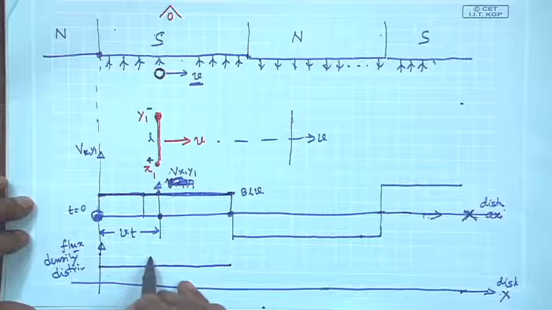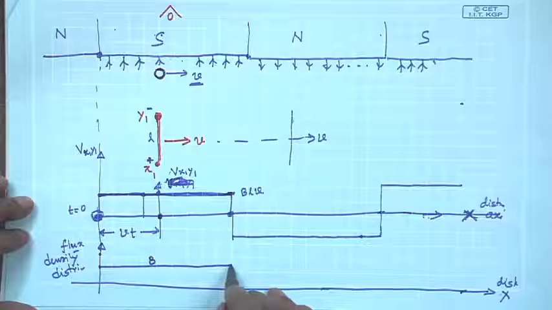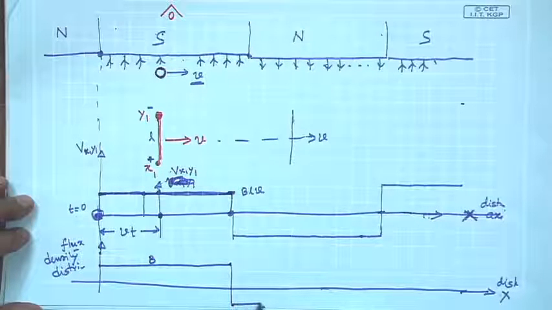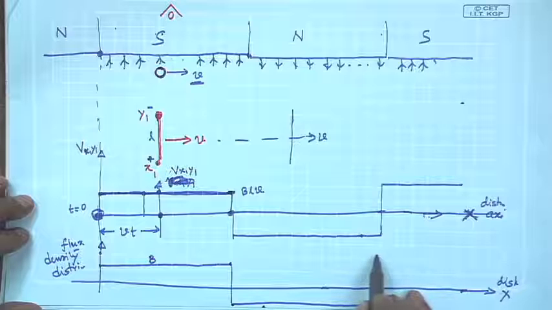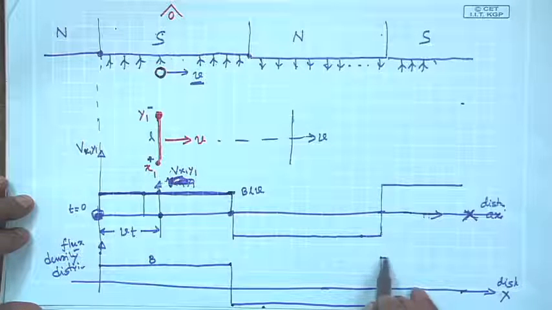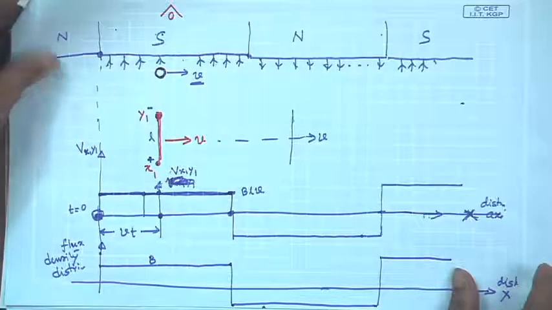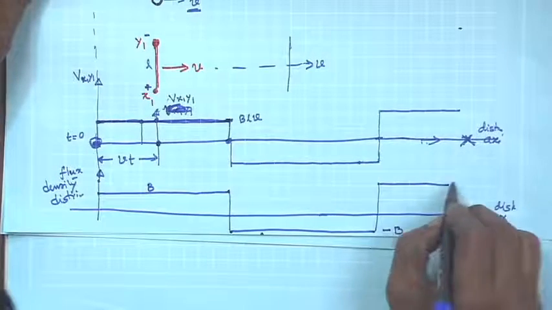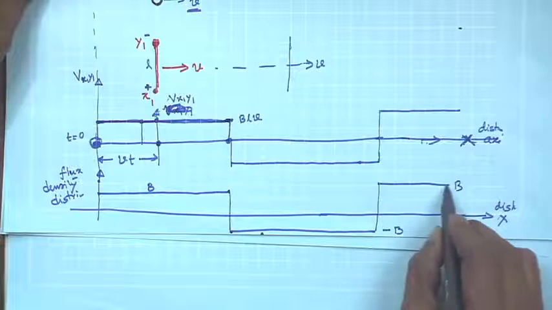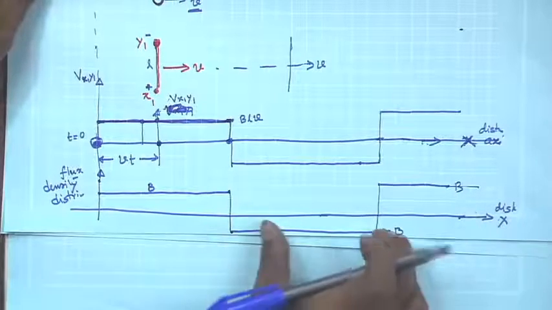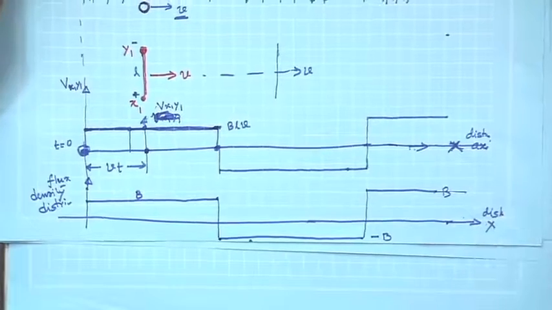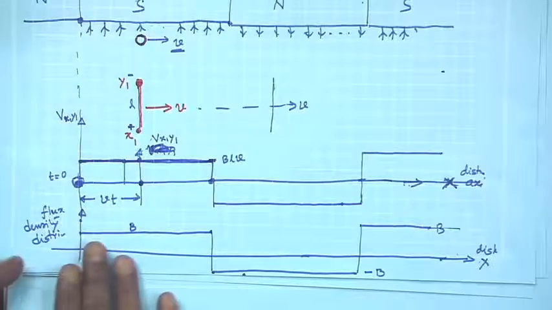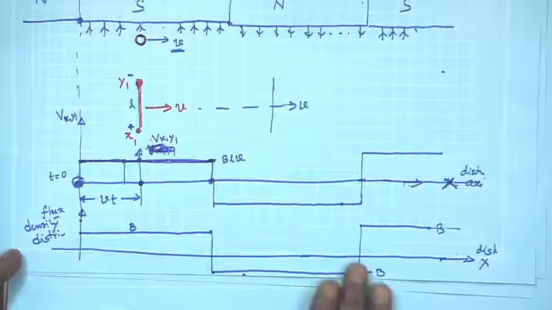So, this is B, and here it will be minus B. Then B, minus B, B, and once again after equal length of travel it will reverse. So, in space the flux density is distributed in this nice rectangular manner.